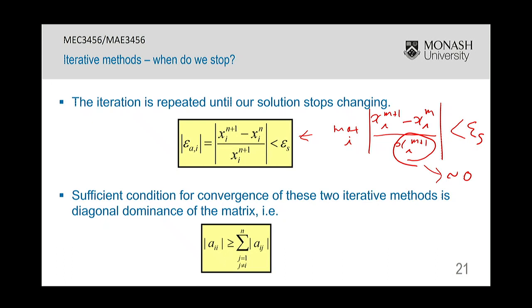And what that means is that the absolute value of the diagonal element is greater than or equal to the sum of the absolute values of the off-diagonal elements. Provided that is satisfied, then Gauss-Seidel and Jacobi should converge. They might do so slowly. If this condition is not satisfied, then they definitely won't converge.